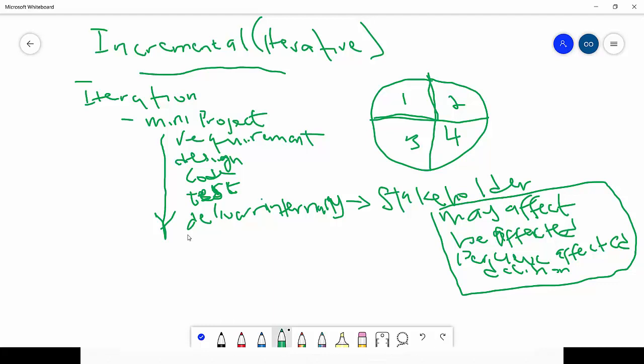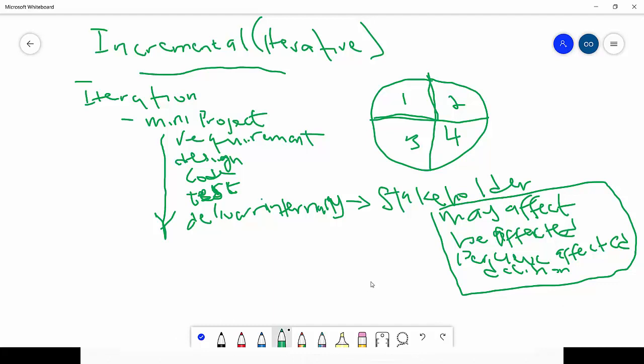But the iterative model will make this required change in your process steps. It will make it more explicit, right? And it creates a process model that builds your product, which will be your software, a piece at a time.